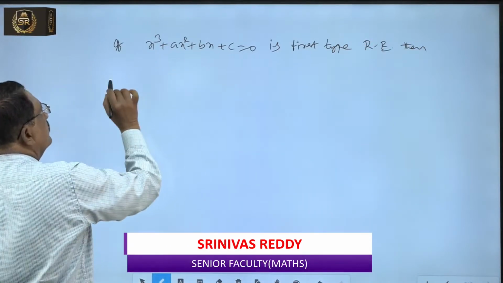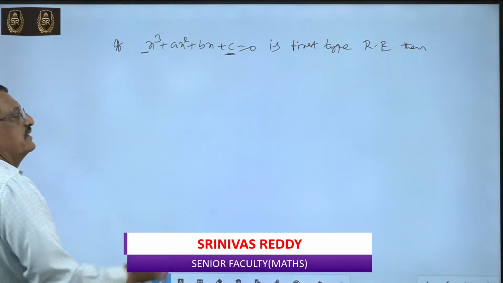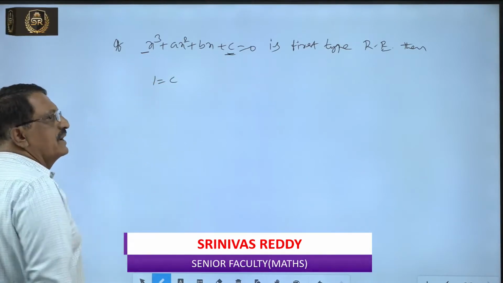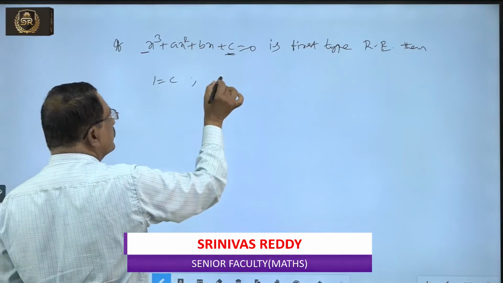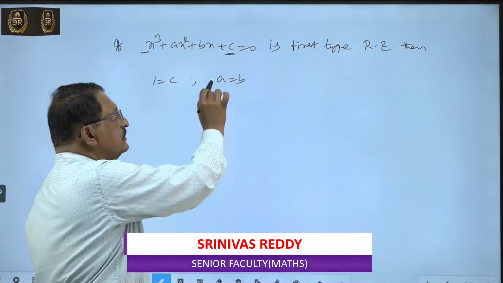Now see it. Here the coefficient of x cube equals the constant term. First type reciprocal equation means the value of c is 1. Next, the coefficient of x square and the coefficient of x must be equal: a equals b.